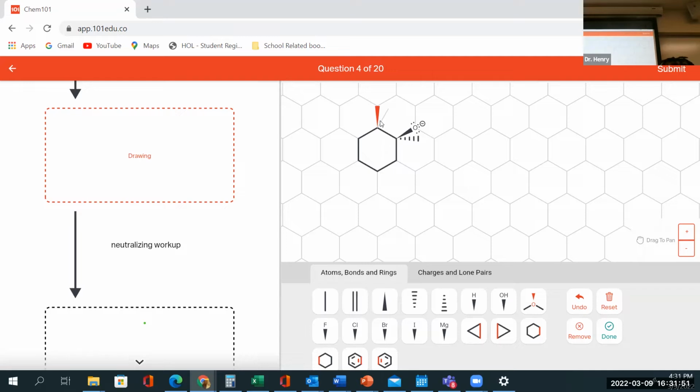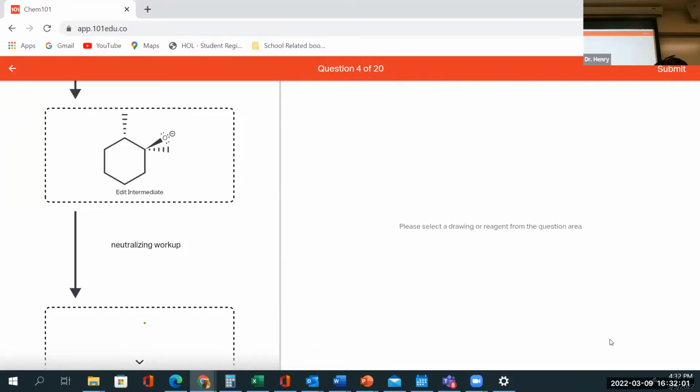Trans instead of cis. Okay. Not going to create any double bonds. Right now, we're not creating any double bonds. No, there shouldn't be any double bonds.